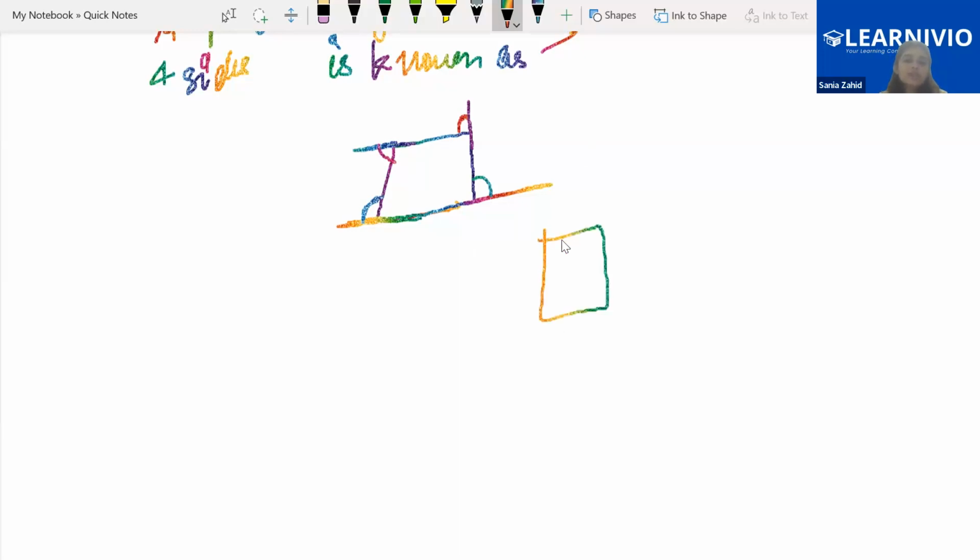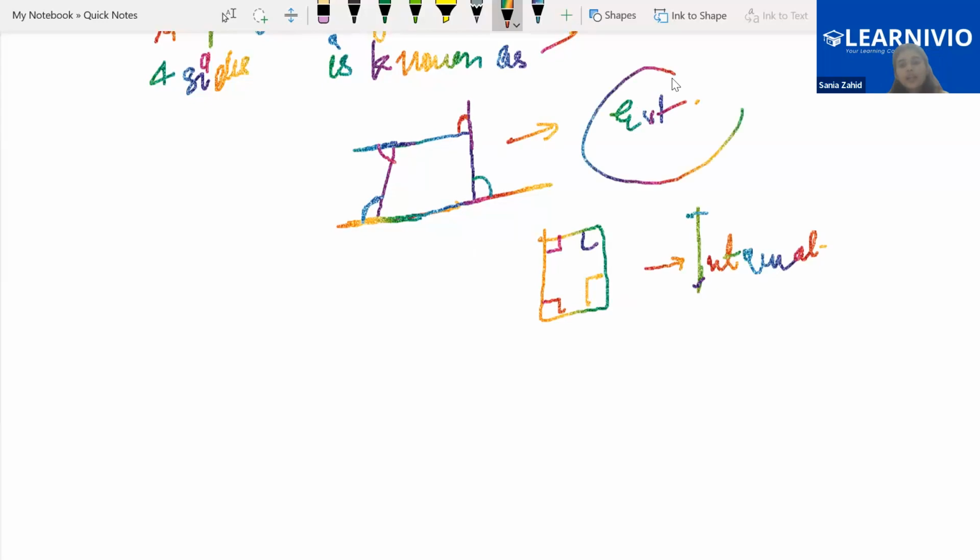For example, this is a rectangle. So all these are internal angles. What are external angles? Those that are not lying inside. So these are all external angles, and these are all internal angles. So you should know what external and internal angles are. There is a property of external angles. It states that the sum of all the external angles of a polygon is equal to 360 degrees.